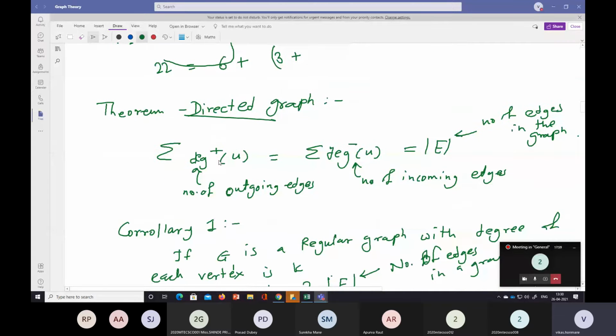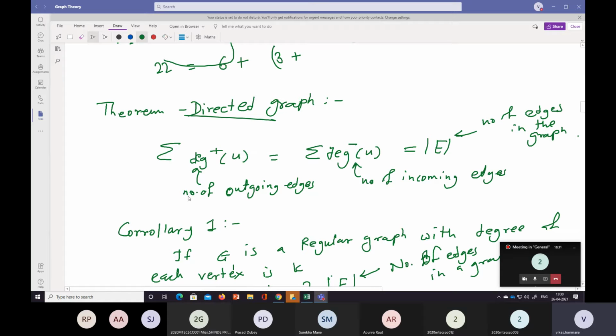So out degree of u is equal to in degree of u is equal to total number of edges. So from this what we can understand is, in case of a directed graph, in degree or out degree is equal to the number of edges. So number of outgoing edges, number of incoming edges is equal to the number of edges in the graph.